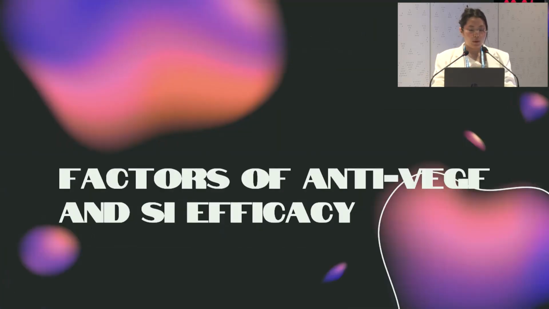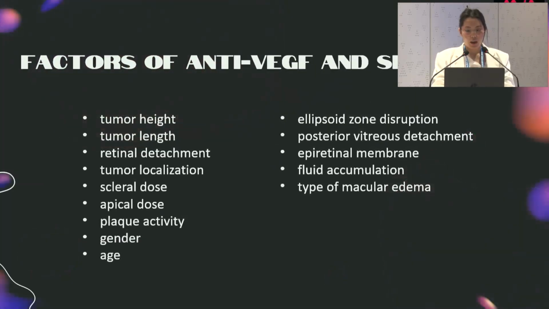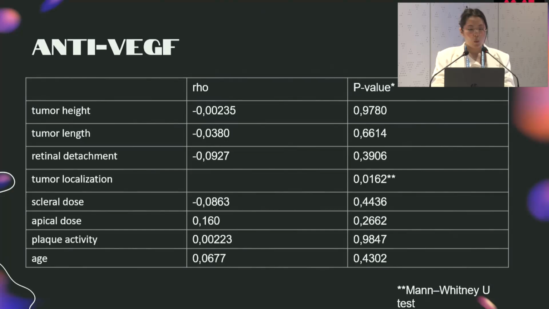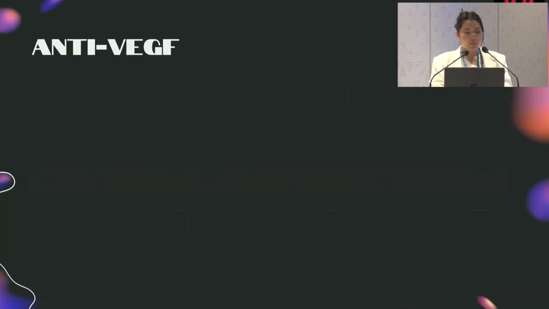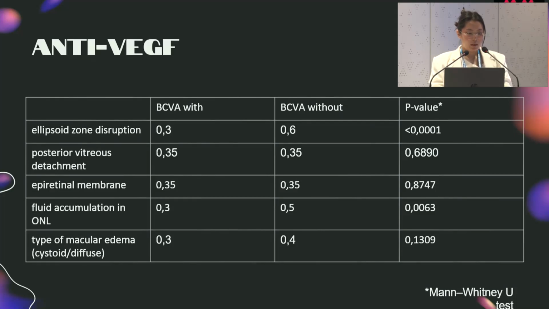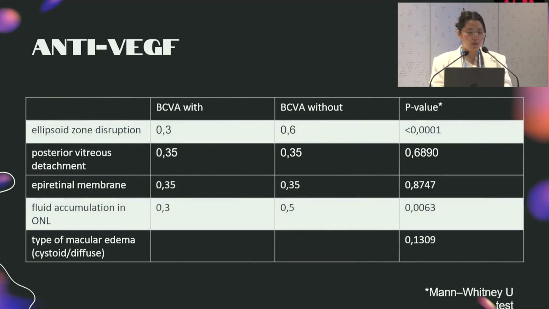We also observed the factors of anti-VEGF and steroid implant efficacy. As an efficacy measure, we considered high visual function. The studied factors you can see on the slide. We observed that paramacular tumor localization and also ellipsoid zone disruption and fluid accumulation in the outer nuclear layer have a significant impact on the efficacy of anti-VEGF treatment.